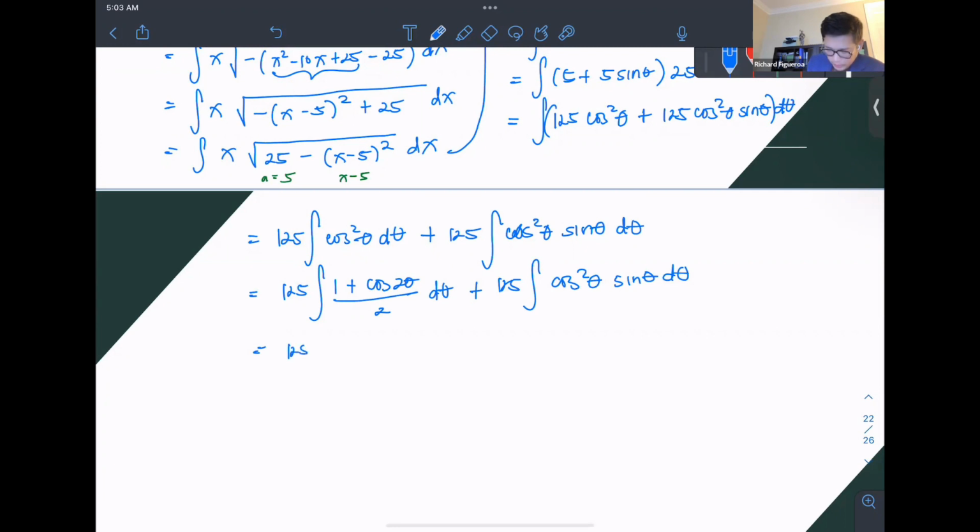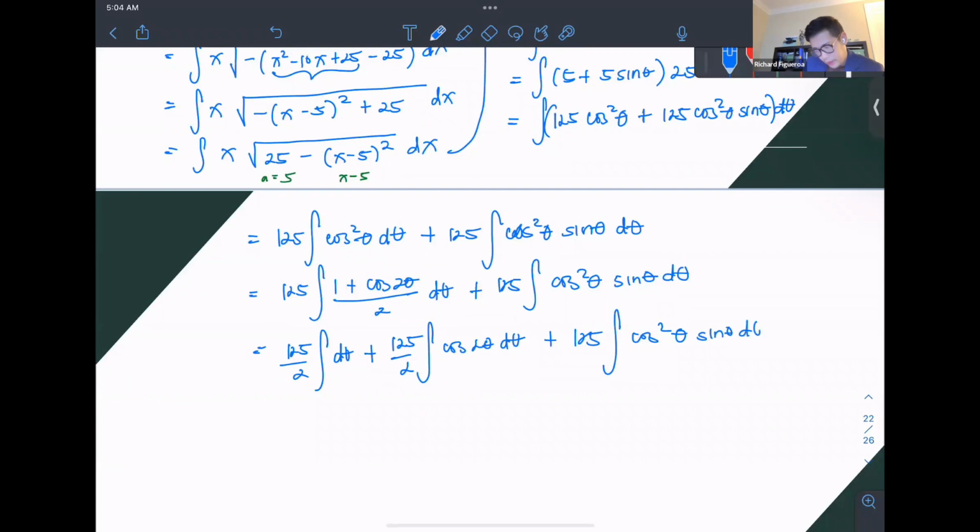And this one will become 125 all over 2 d theta. Then the other one is 125 over 2 cosine 2 theta d theta, and this one is plus 125 cosine squared theta sine theta d theta.